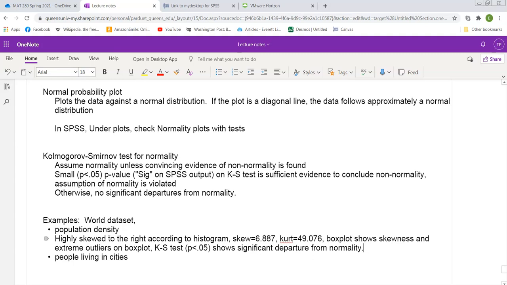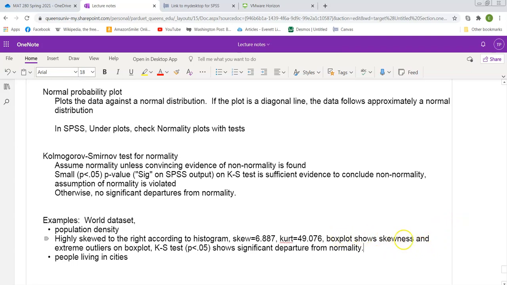Looking at population density, according to the histogram, we can see that this variable is strongly skewed to the right. The skewness value of 6.887 is strongly skewed to the right, and the kurtosis value, 49.076, indicates a very highly leptokurtic distribution.